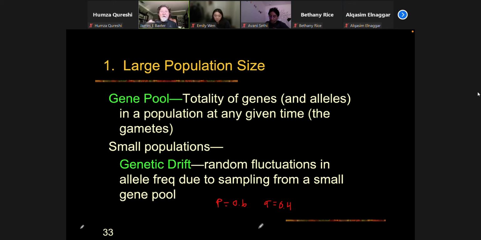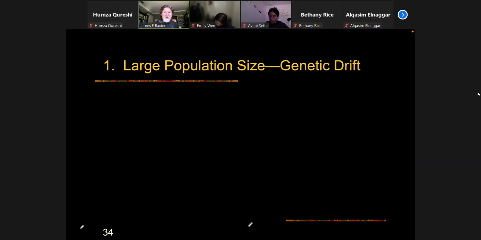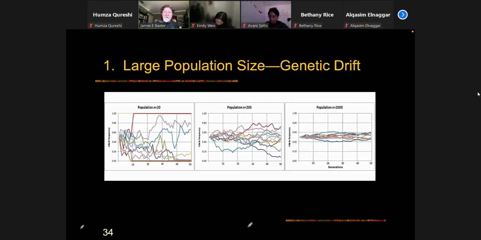And due to genetic drift, random sampling of this small gene pool, in the next generation, P might decrease just by randomness, might drop down to 0.4. And so what we get is this sort of fluctuation from generation to generation. As long as this population stays small, what can frequently happen is you can lose one or other of the alleles. And we say that it goes to fixation.